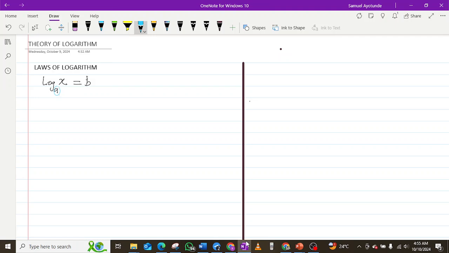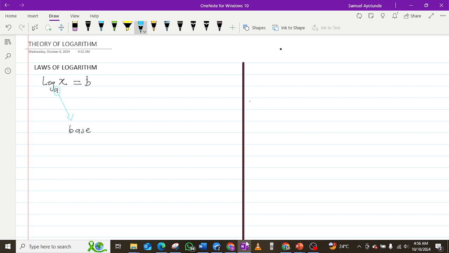So this is called the base. We call that the base of the logarithm.